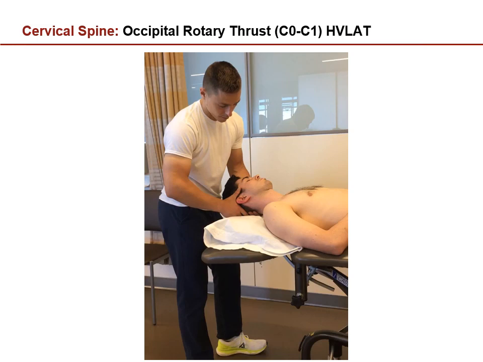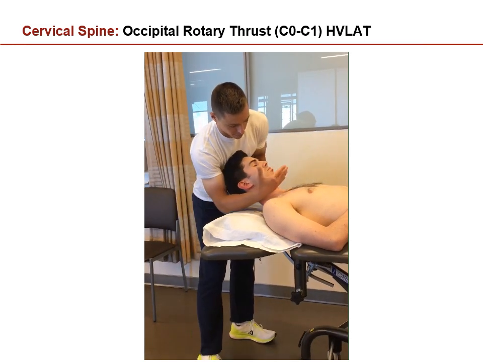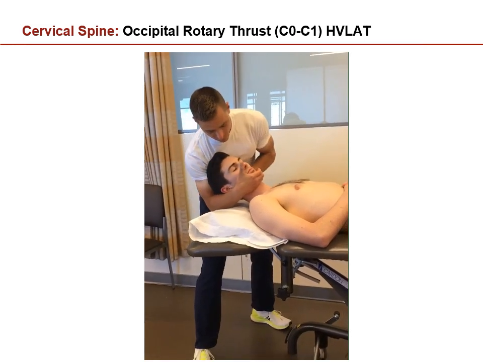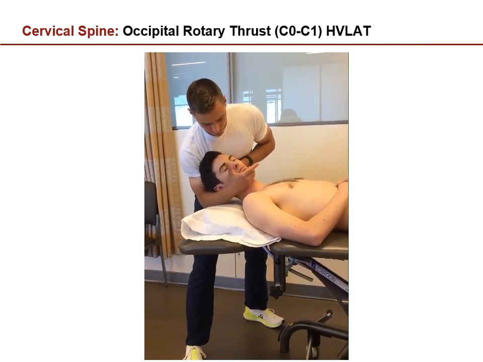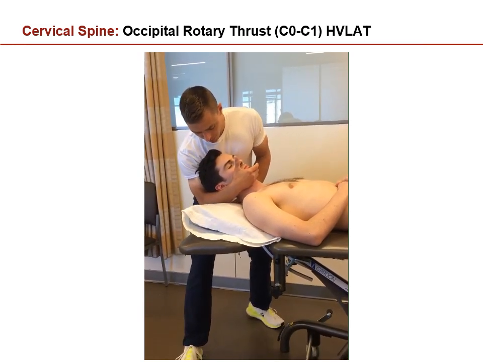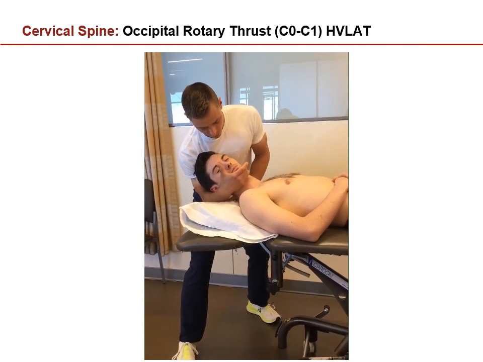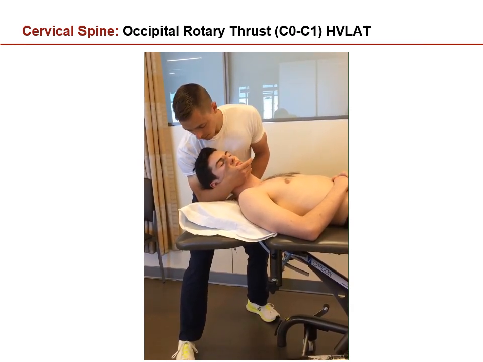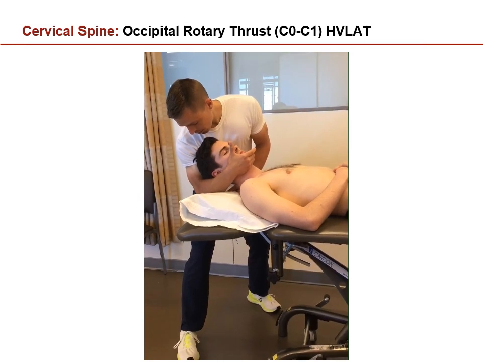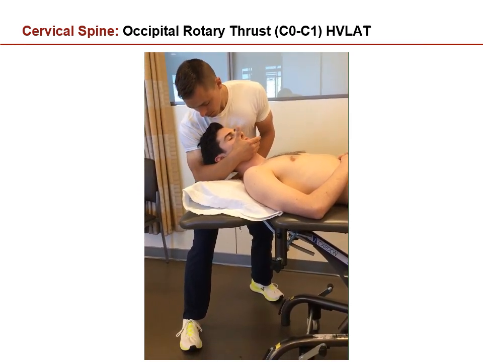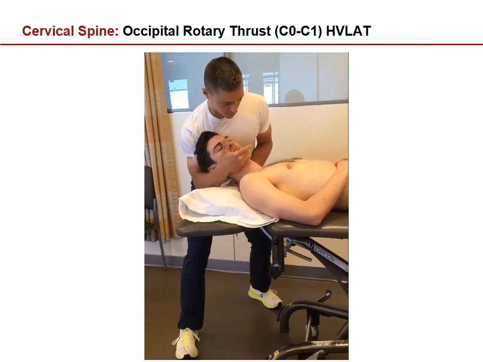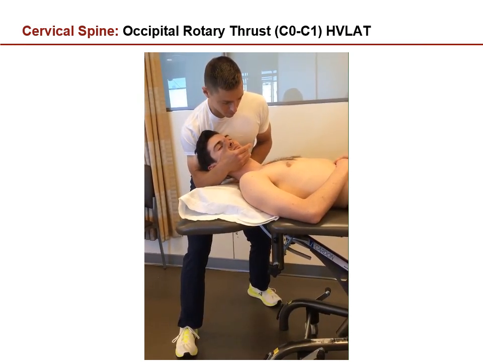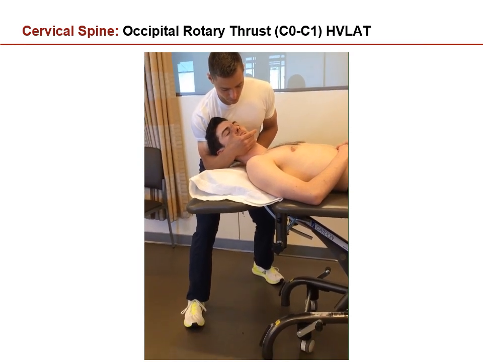The occipital rotary thrust technique. You can denote that the chin hold is being used for the C0, C1. The 5 points of contact are shown there with the fingers, the thenar eminence, the flexors of the forearm, the biceps, and then the chest wall or pec.